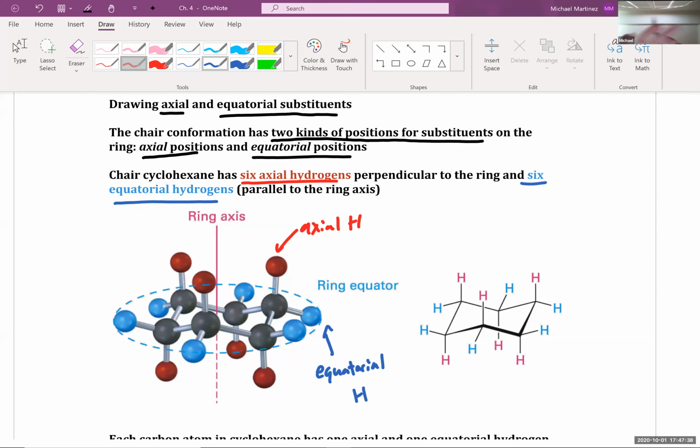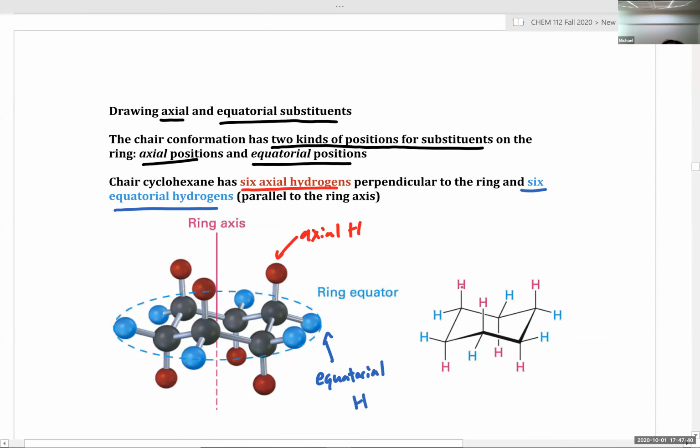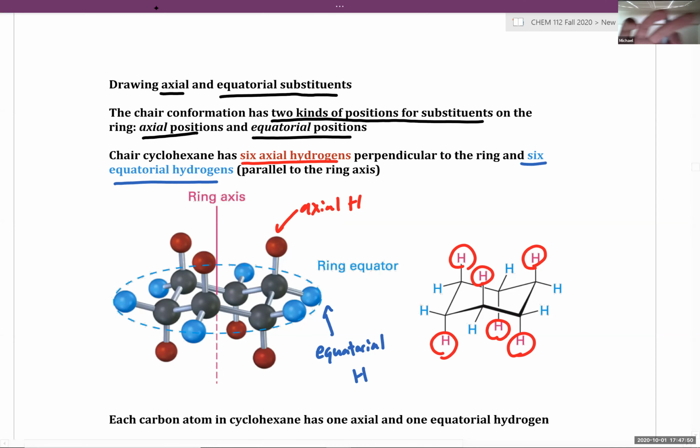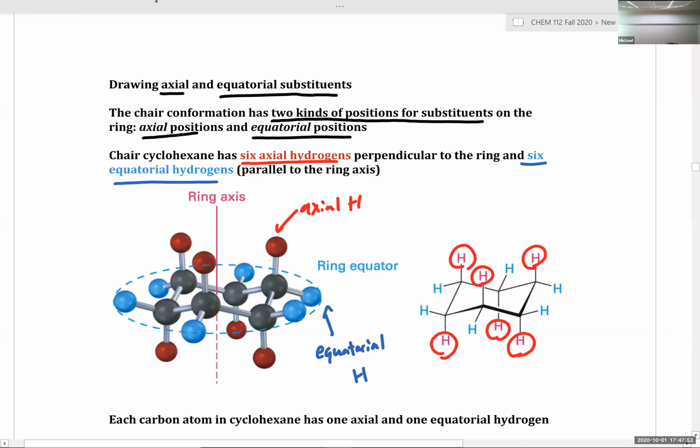So one thing I'd like to draw your attention to is that we have 3 axial hydrogens on the top face and 3 axial hydrogens on the bottom face. Likewise, for our equatorial hydrogens, we have 3 equatorial hydrogens that are pointing up and 3 equatorial hydrogens that are pointing down.